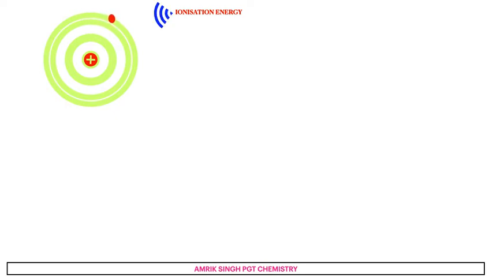I have some source of energy, and a photon strikes this electron and provides energy to it, and the electron is ejected. That is the ionization energy: the minimum amount of energy required to remove the most loosely bound electron from an atom is called the ionization energy.